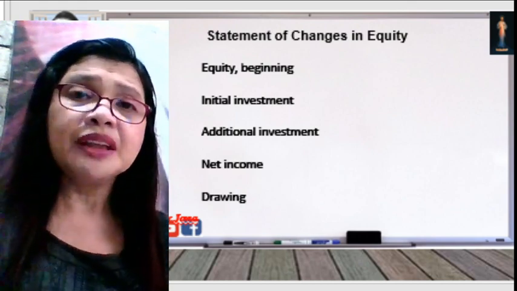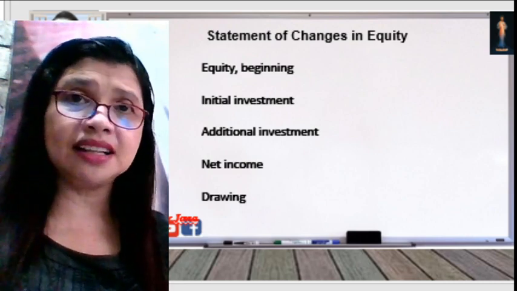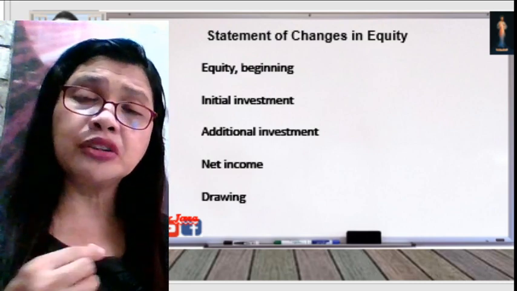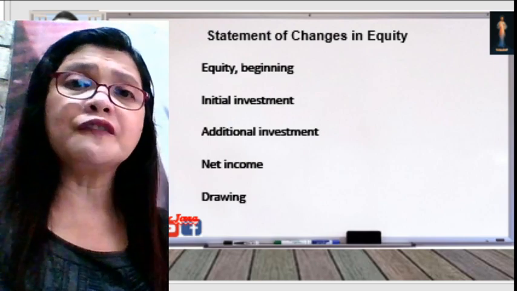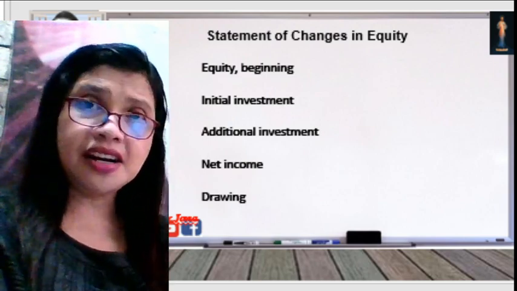Equity beginning represents your initial investment to the business. But when the business has been operating already for several years, we get this equity beginning from the equity at the end of the previous year.